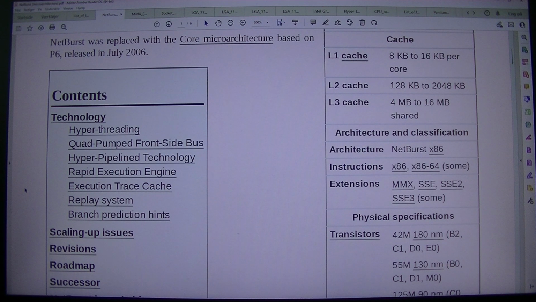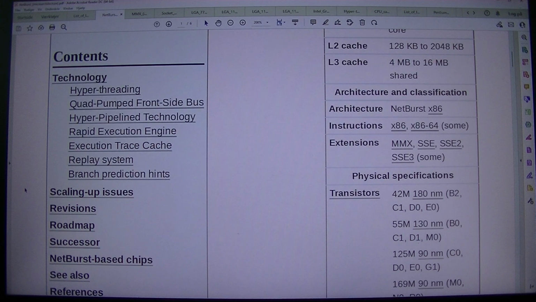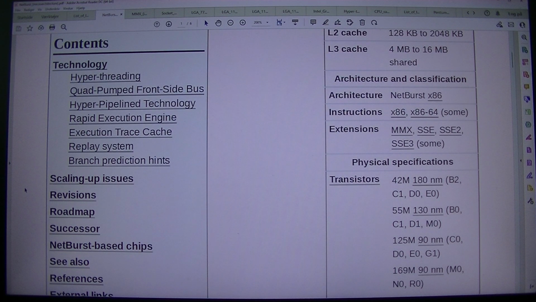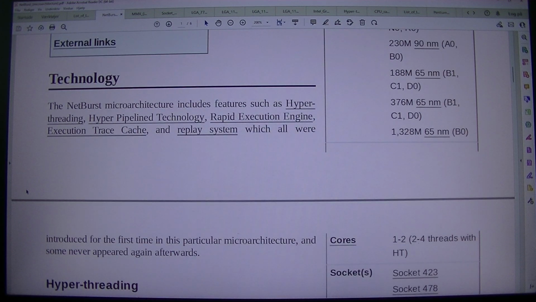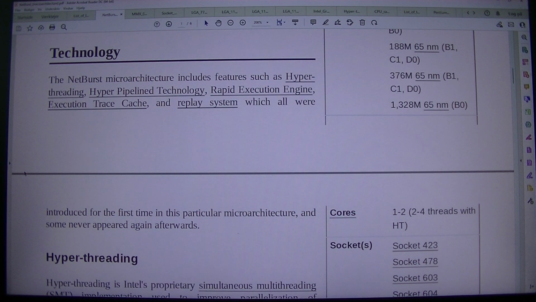Contents: technology, hyper-threading, quad-pumped front-side bus, hyper-pipeline technology, rapid execution engine, execution trace cache, replay system, branch prediction hints, scaling up issues, revisions, roadmap, successor, NetBurst-based chips, see also, references, external links.